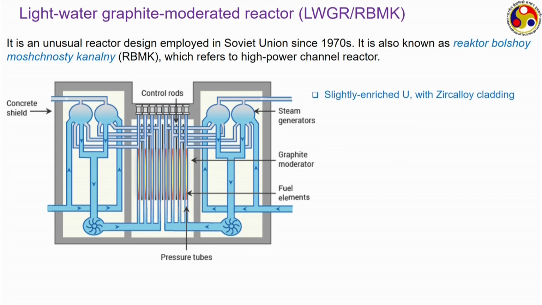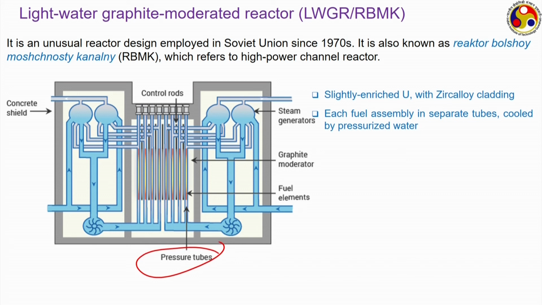It uses slightly enriched uranium with zircaloy cladding, and each fuel assembly is put in a separate pressure tube. Like here, these are each separate pressure tubes inside which we have the fuel, and pressurized water is allowed to flow through the gaps between these fuel tubes, thereby taking the energy produced during the fission reaction.